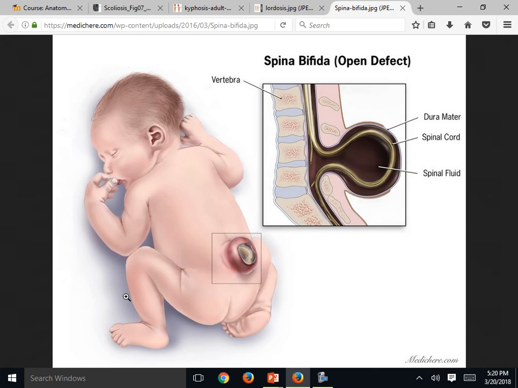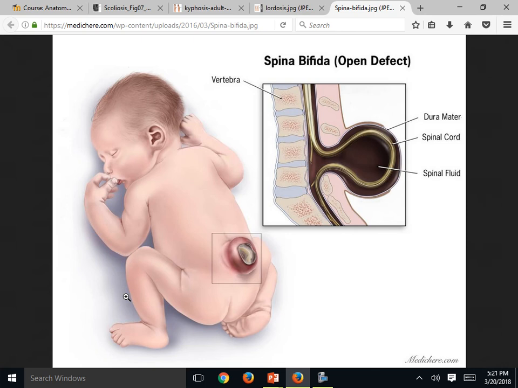You've got the skin, you've got the vertebrae, and what's happened is instead of the lamellae, the two halves of the vertebrae, fusing, there is a gap. And because there is a gap between the vertebrae sides, there is room for spinal fluid to build up. So you can have CSF building up within the dura mater.